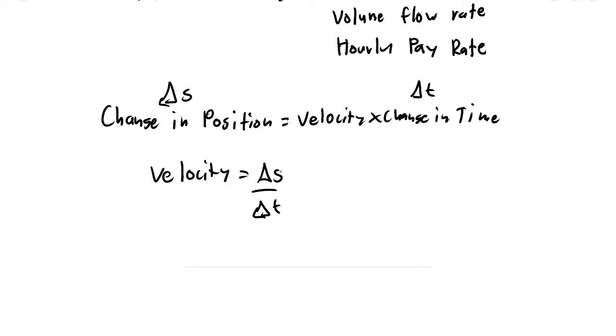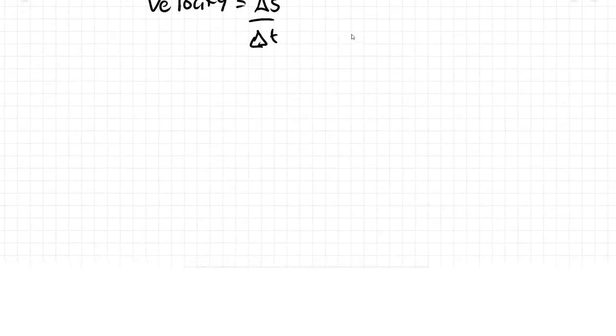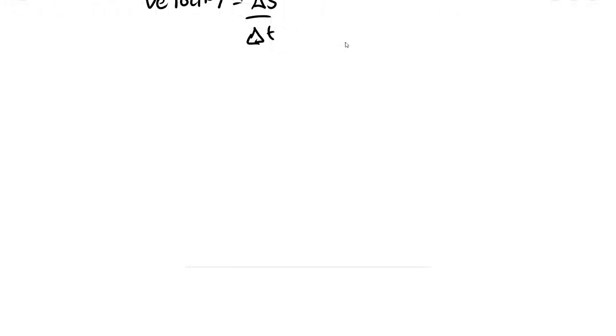So both of these are valid ways in which we can represent velocity. But there's actually a little bit of a problem here. But to see this, we're going to have to do an example. So let's do a very specific example of how this would work. Let's say that you were on a highway and you were at mile marker 30. So let's say you start at mile marker 30.